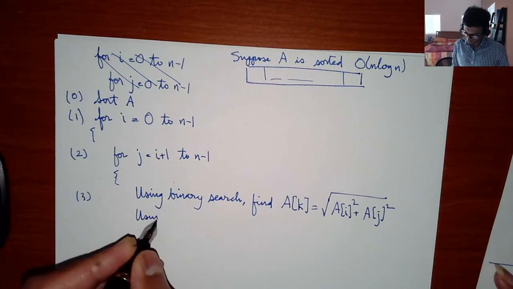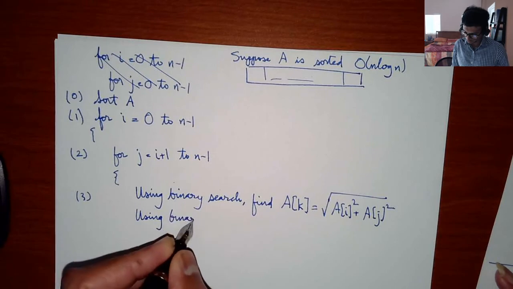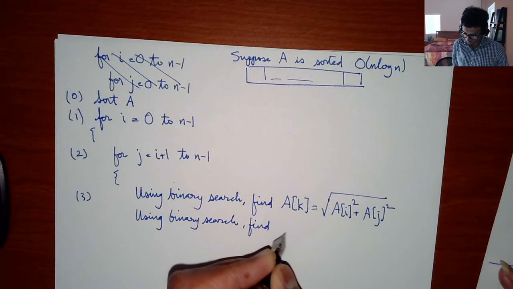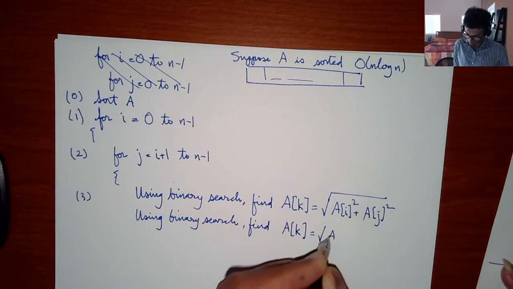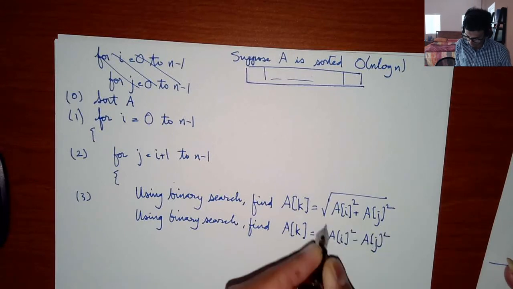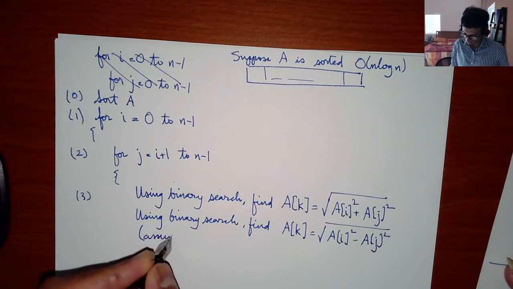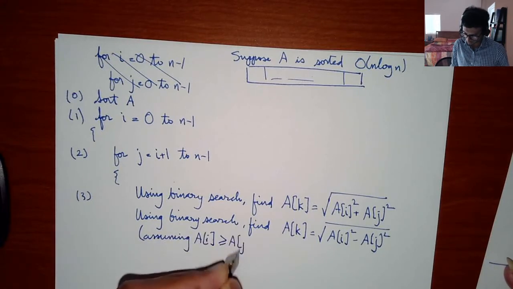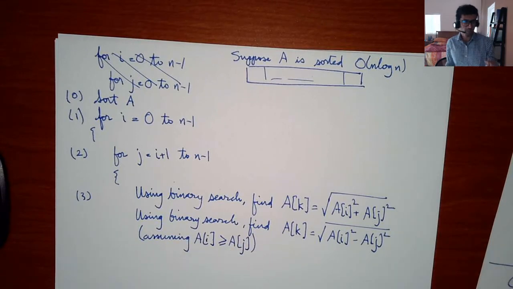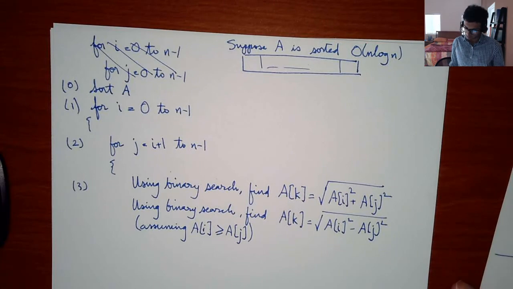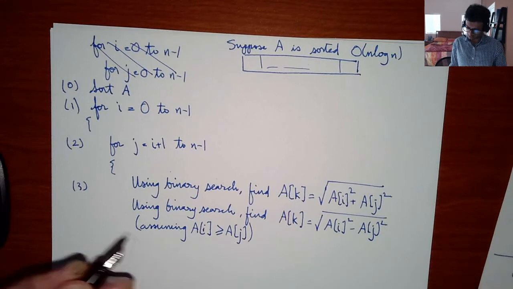And you can also do the other part, which is find AK equal to the square root of AI square minus AJ square, assuming AI is greater than or equal to AJ. Otherwise you flip I and J. If not, then you switch them.